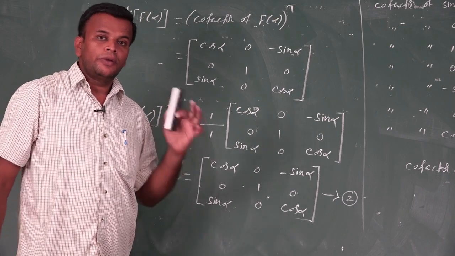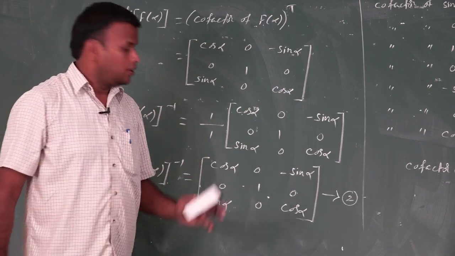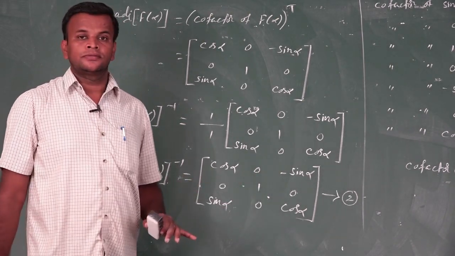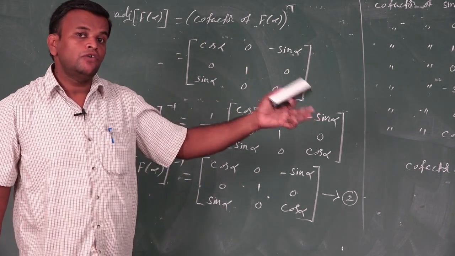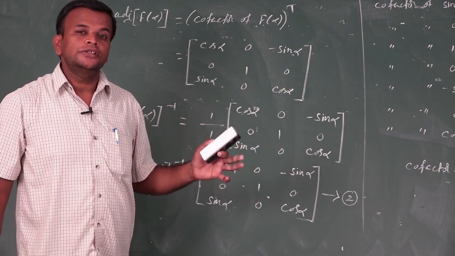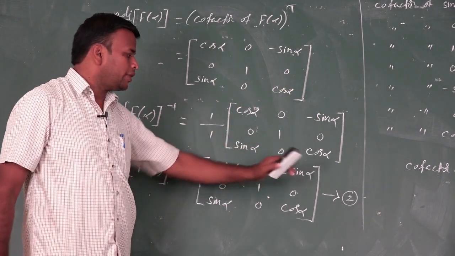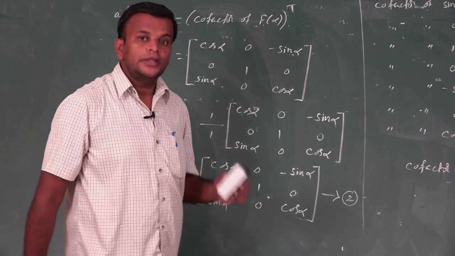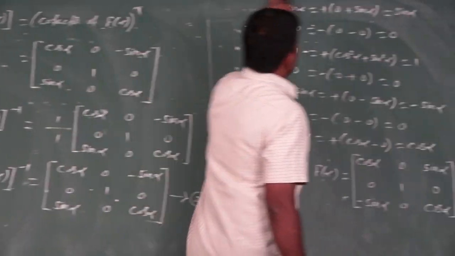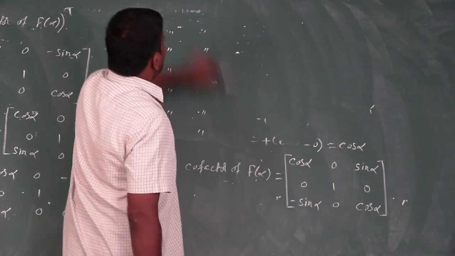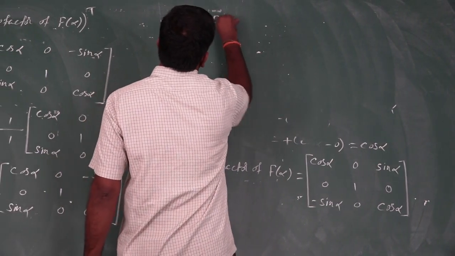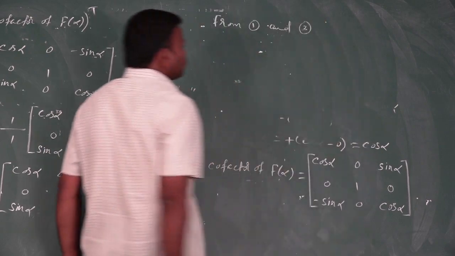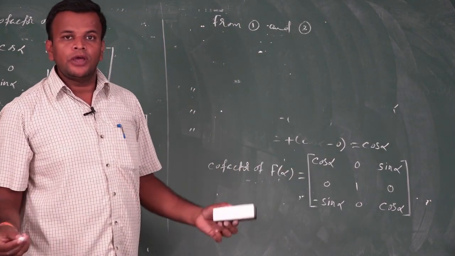We check. You must write the conclusion. What is the conclusion? Equation 1 is actually the value of LHS. We found the value of RHS. The RHS value is also the same: cos alpha 0 minus sin alpha. The conclusion is also important. The conclusion is, from 1 and 2, both have the same value.